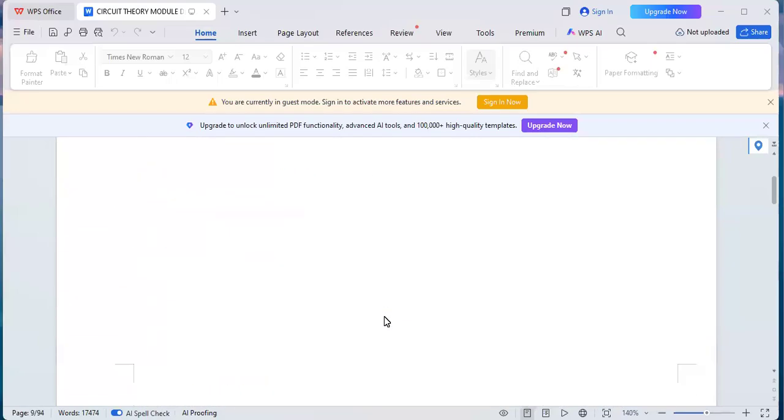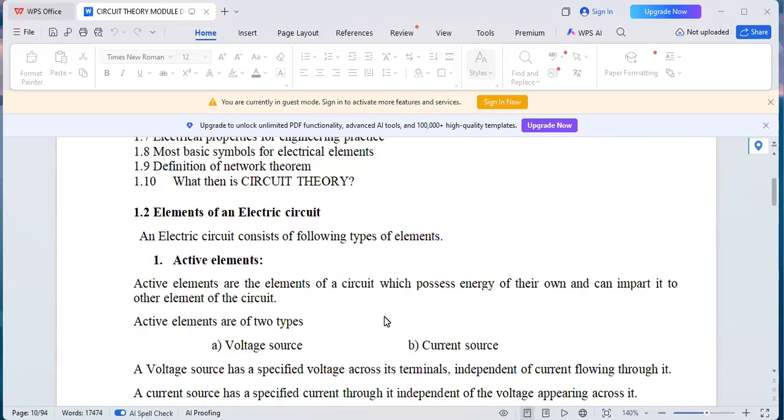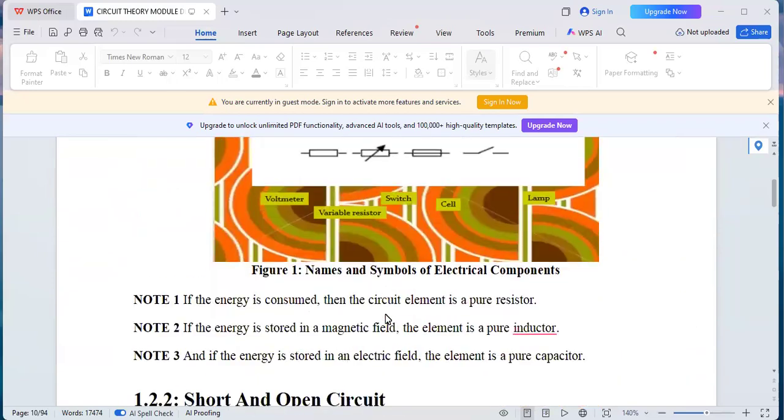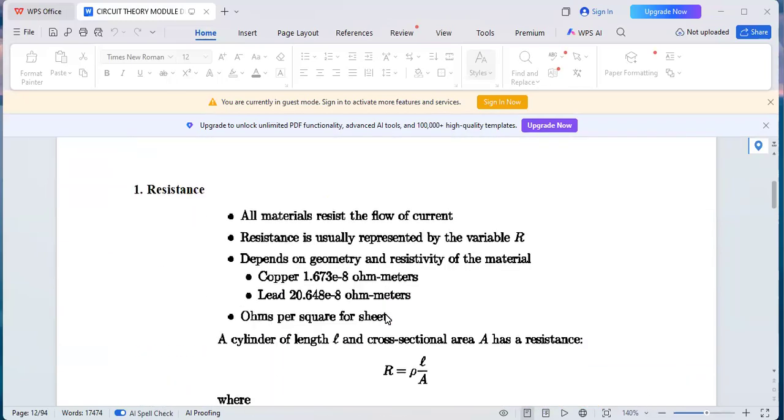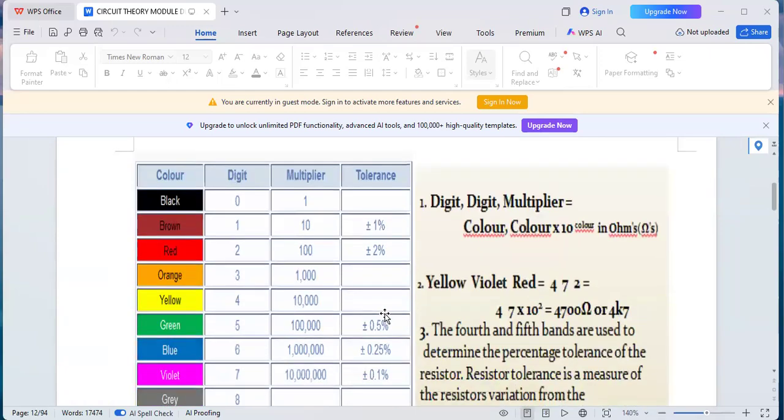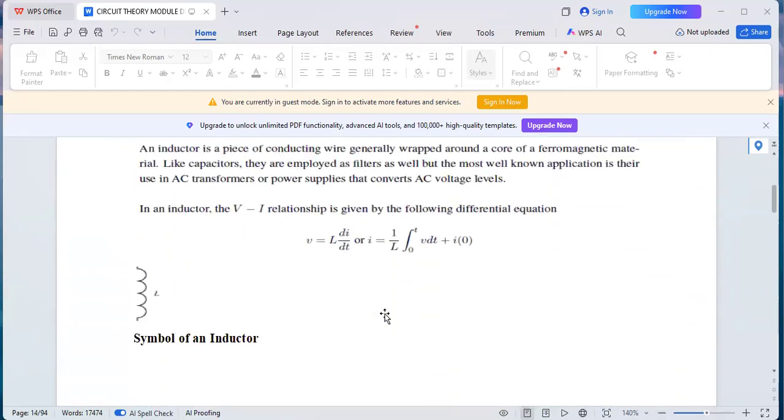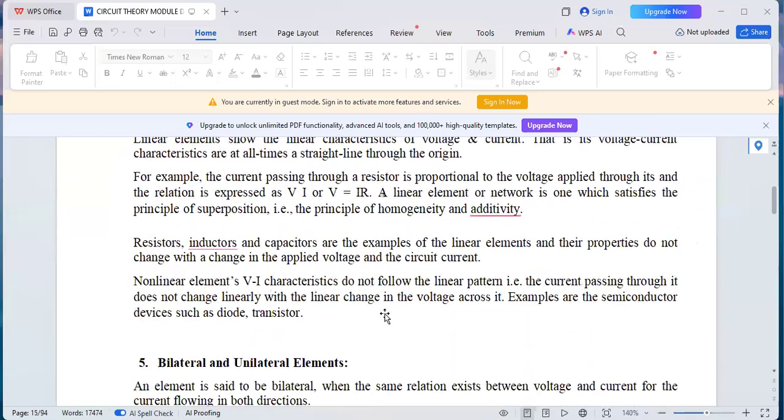Last time we talked about resistor color codes, and then we went ahead to talk about inductance.